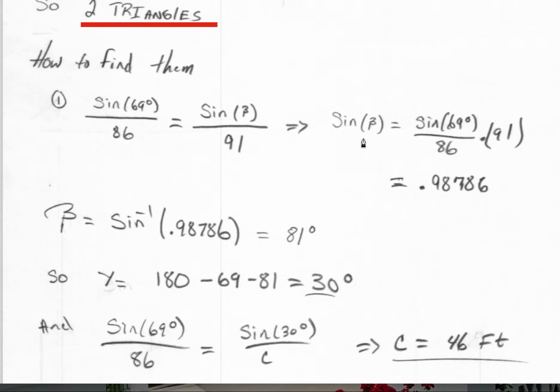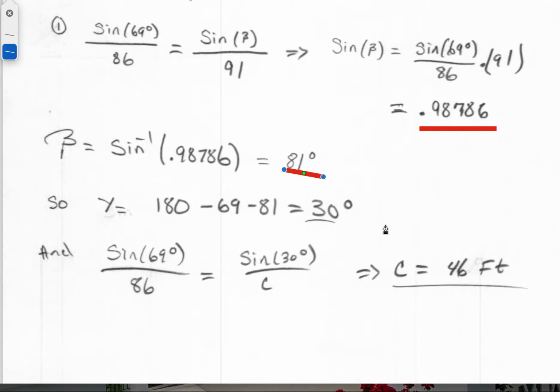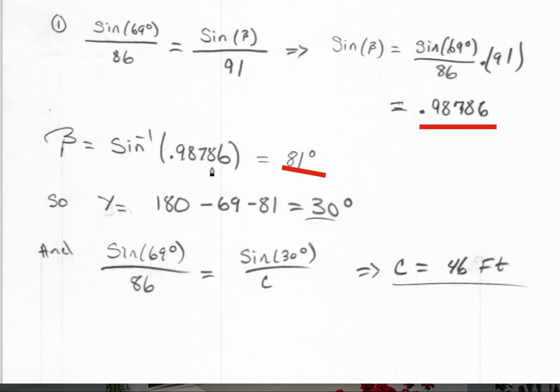When I solve for that, I multiply 91 over to this side, and I get the sine of beta equals 0.9876. To find beta, I take the arcsine of 0.9876, and that tells me 81 degrees. So for one of my triangles, beta equals 81 degrees.